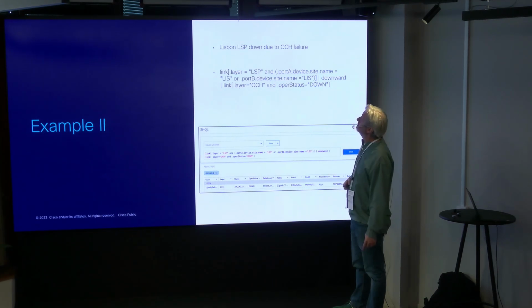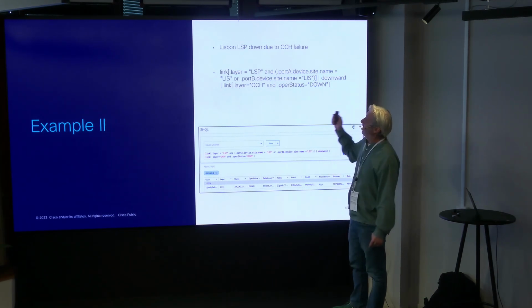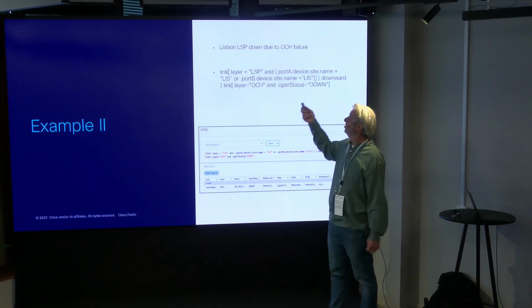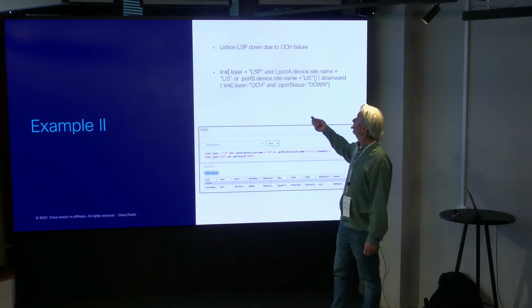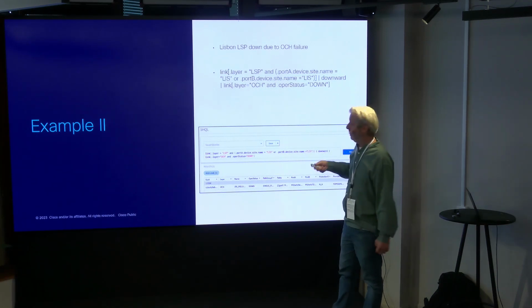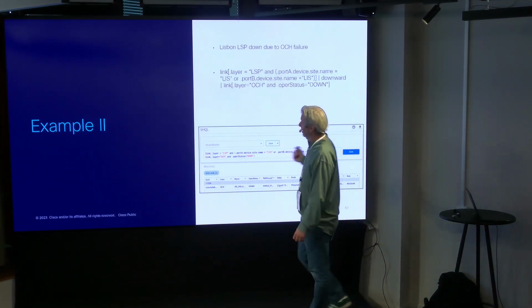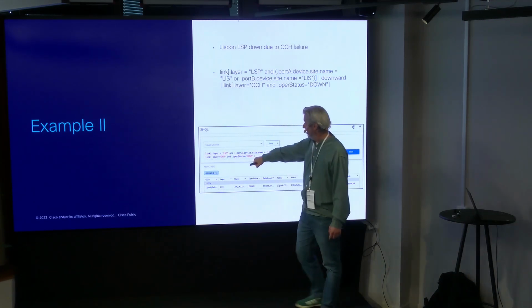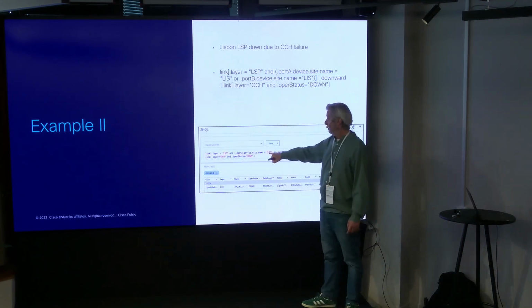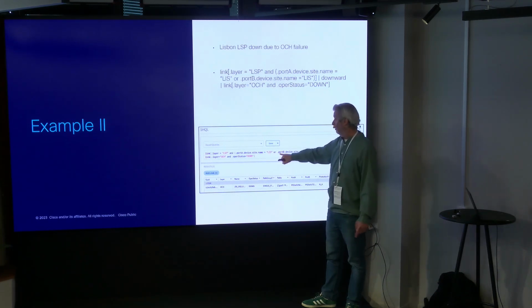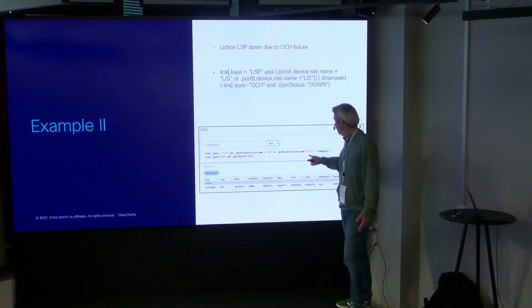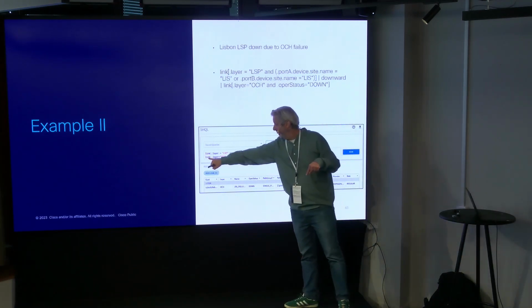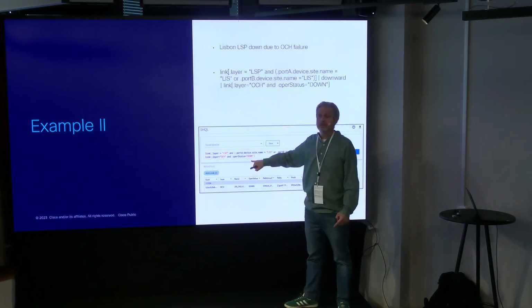Another example is show me LSP, specific LSP down, all LSPs in Lisbon that are down due to an OCH link failure. How am I doing that? So I'm starting with link, layer LSP, and port A device site name Lisbon, or port B device site name Lisbon, go downward and bring me downwards only OCH links that have status down.